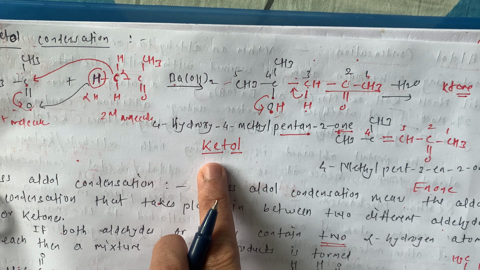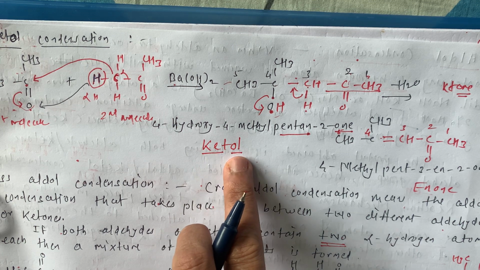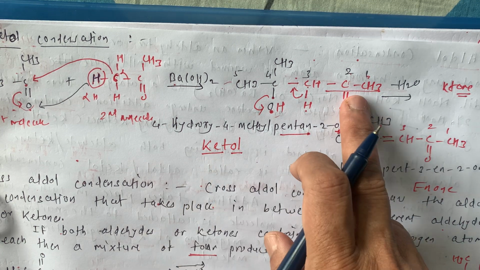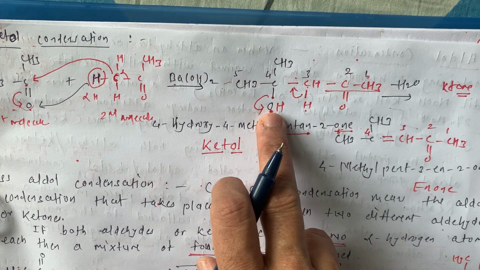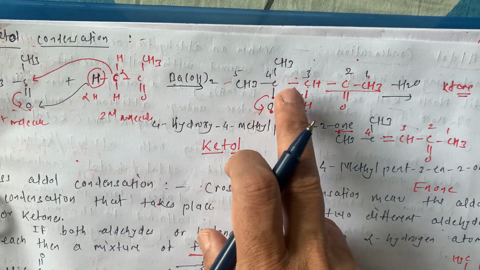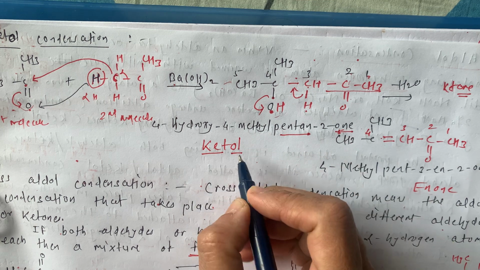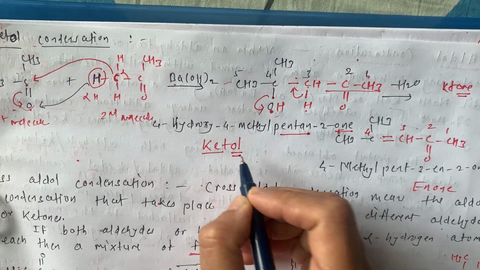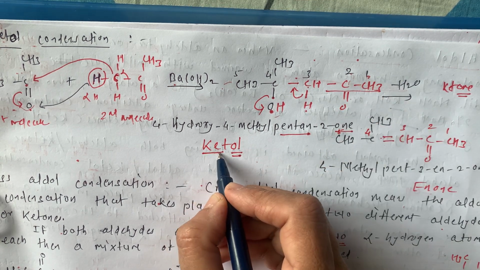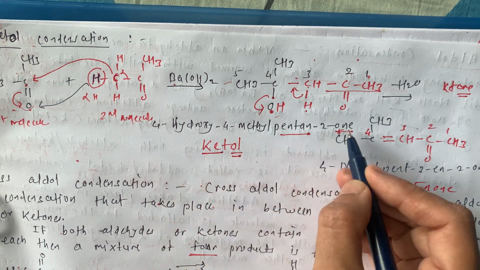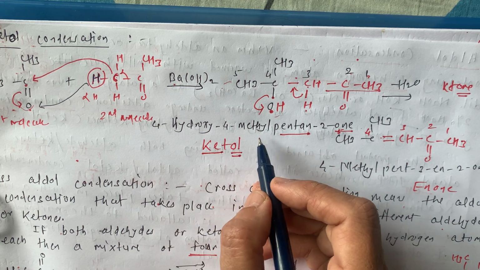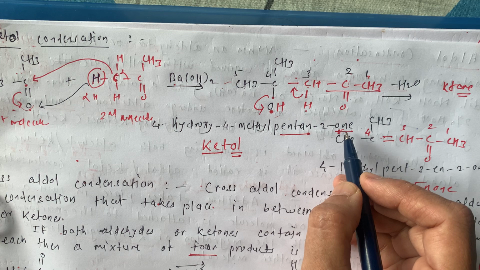So what is this? This is nothing but a ketol. When there is a ketonic functional group and an alcoholic functional group, for the alcoholic functional group this is OL, while for the ketonic functional group this is KET, and the IUPAC name is 4-hydroxy, 4-methyl, pentane, 2,1.